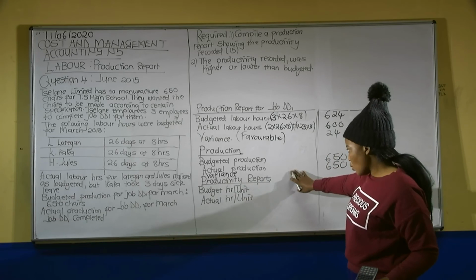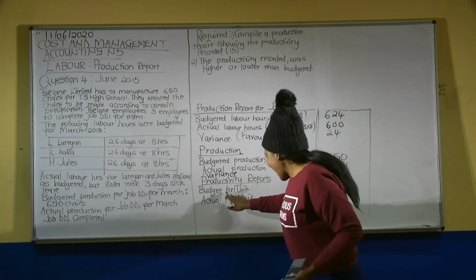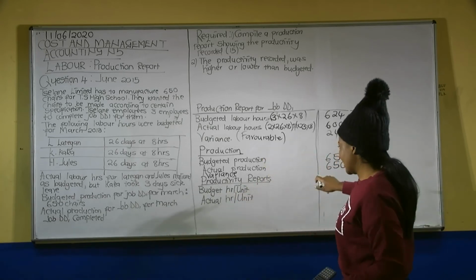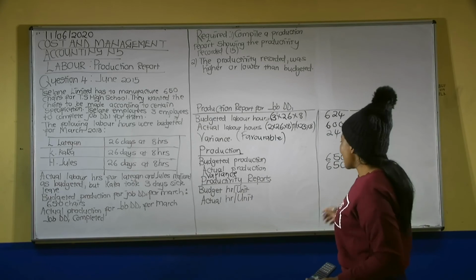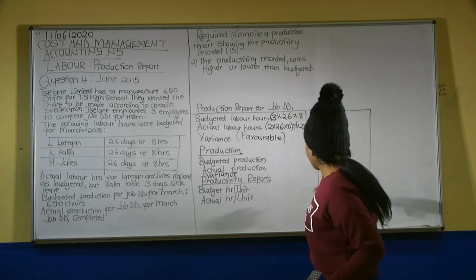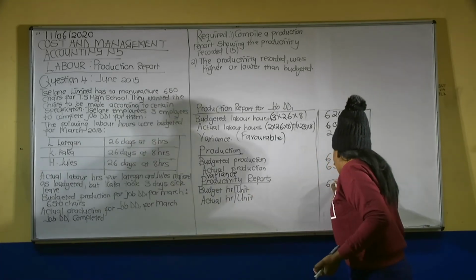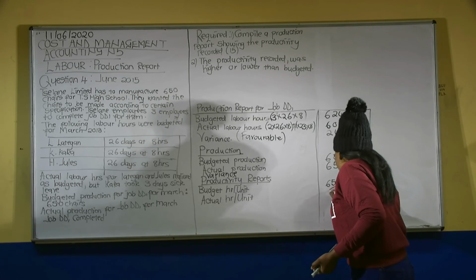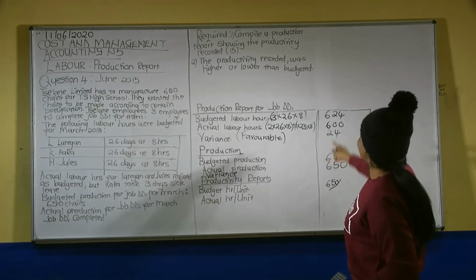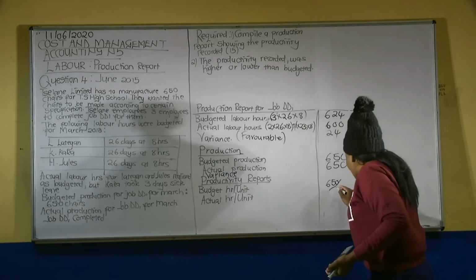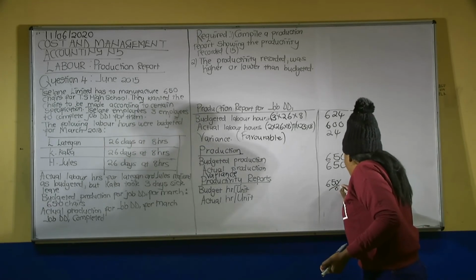Then you proceed to the productivity report. Budgeted hours per unit. How many units were they? We have 650 units. How many budgeted hours were they? They budgeted 624 hours.